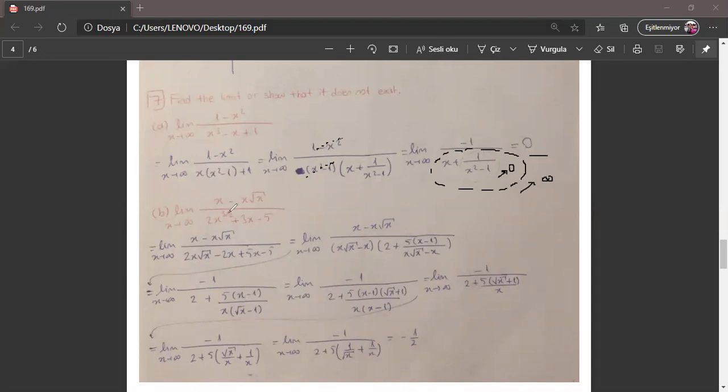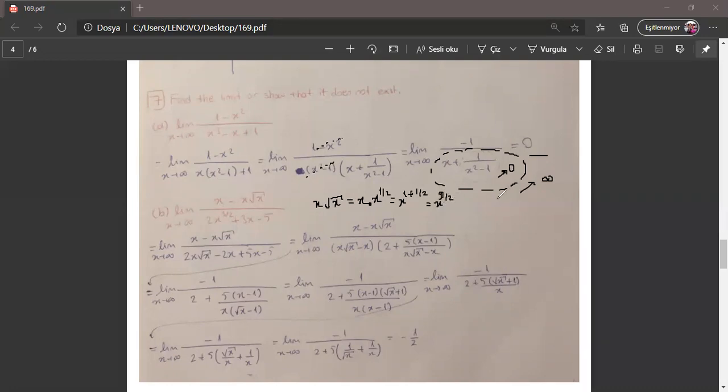For this, we have this function now. We just rewrite this in this form. It's the same because x times square root of x equals x times x to the 1 over 2, which can be written as x to the 3 over 2.